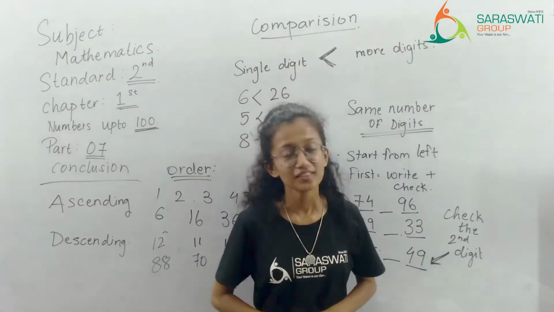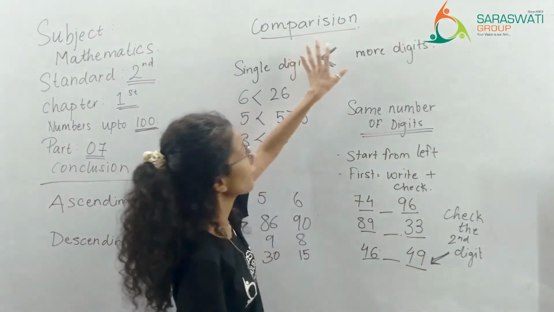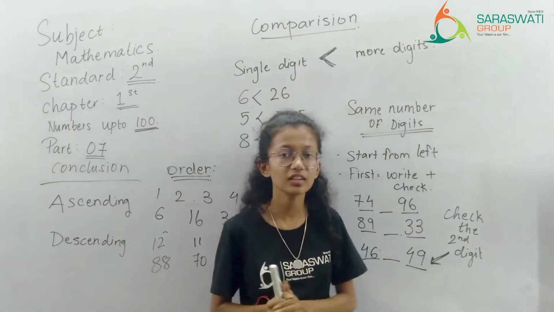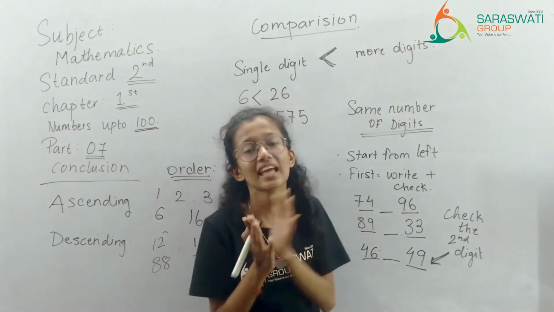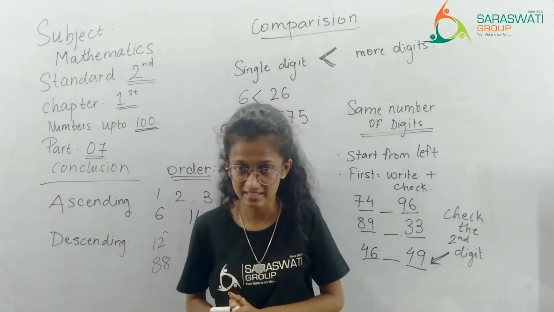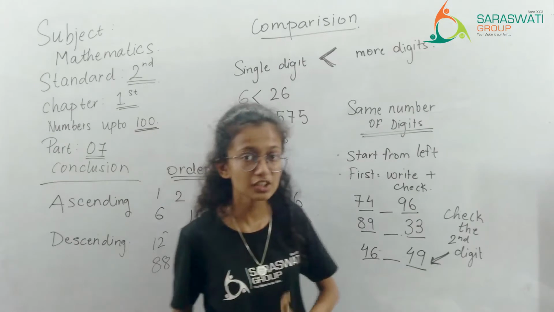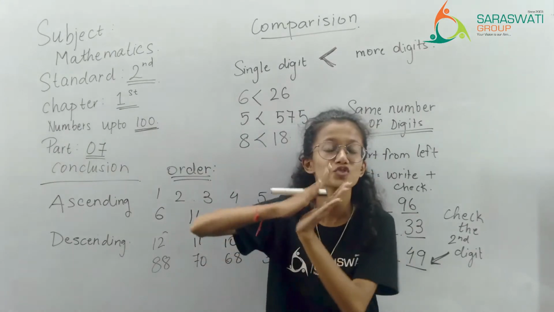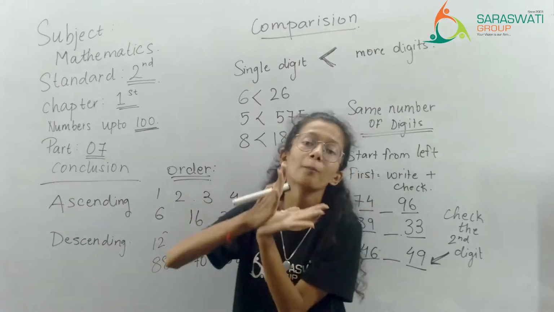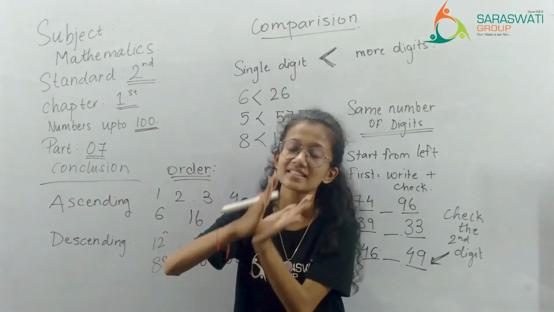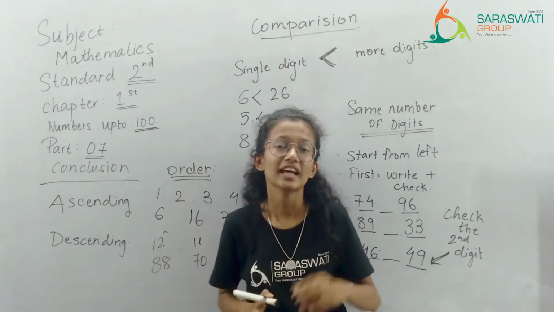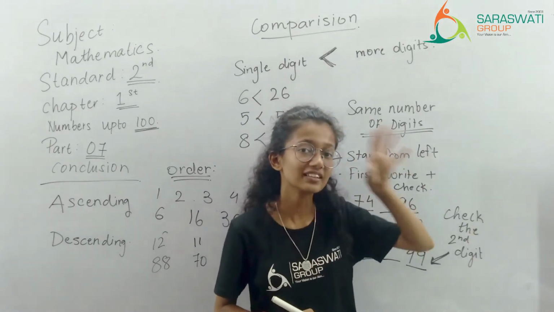Our next concept is about comparison. You have learned the greater than and lesser than signs very well. While madam was teaching, she might have used words like alligator's mouth. The crocodile's mouth opens where we can see the greater thing.